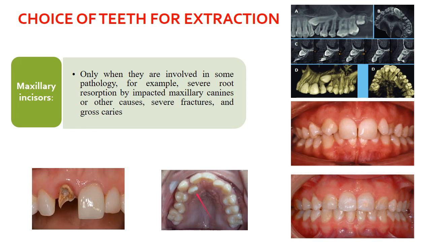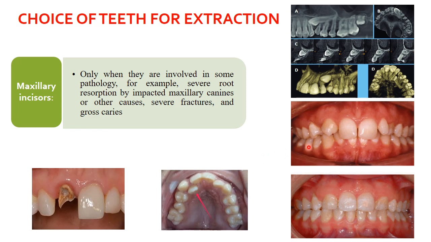But there are certain indications, as we can see from those pictures: if the tooth is very badly carious and difficult to restore, or if we have a fractured upper central, or resorption of the roots of the lateral or the central due to an impacted upper canine, or sometimes if we have a palatally situated upper lateral and the general arch is well aligned, or we have a favorable contact between a central and the canine.